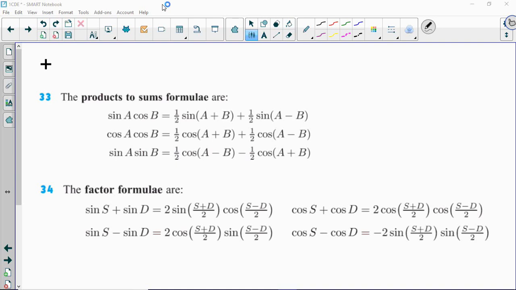I've found problems in other textbooks, thinking it was not going to be that bad and then finding out afterwards, oh, I really needed to use one of these things. How the heck was I supposed to know that? Because I certainly don't have these formulas memorized. But they're there. If you want to try to stick them in your brain someplace, that'd be cool.